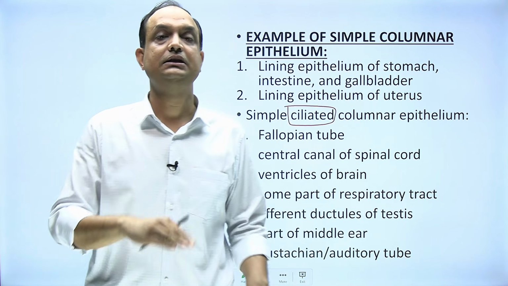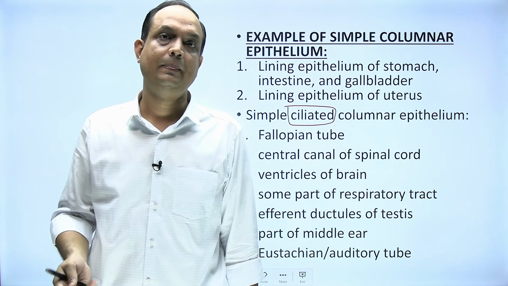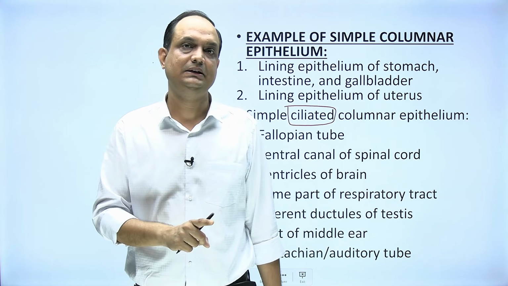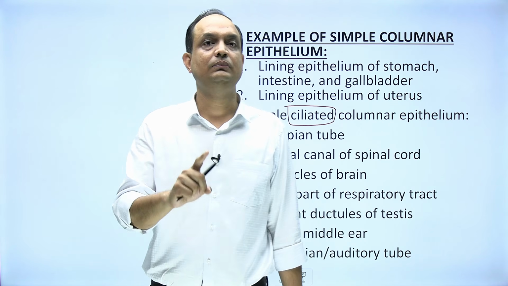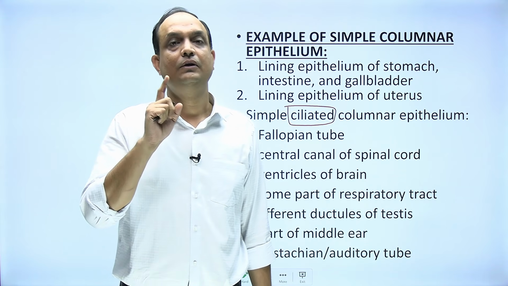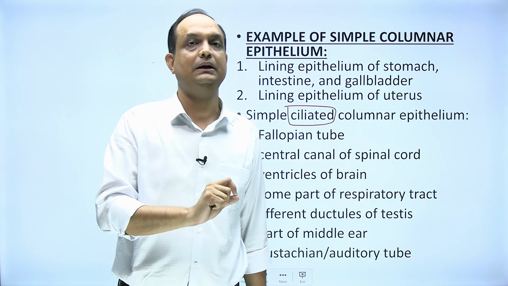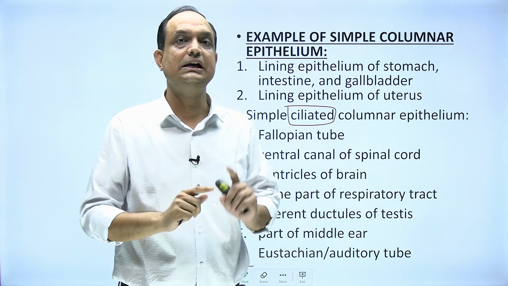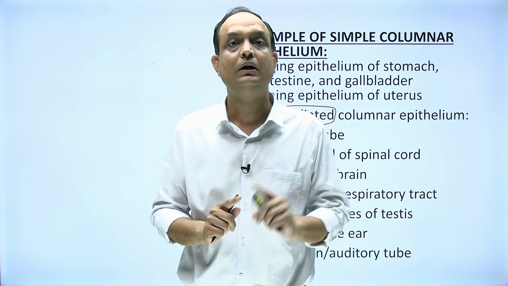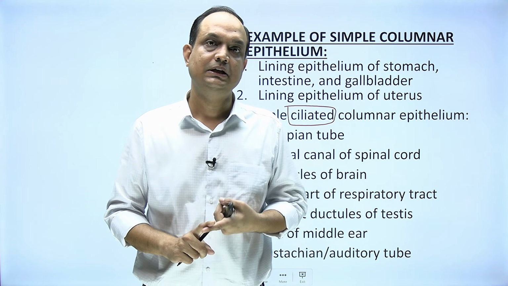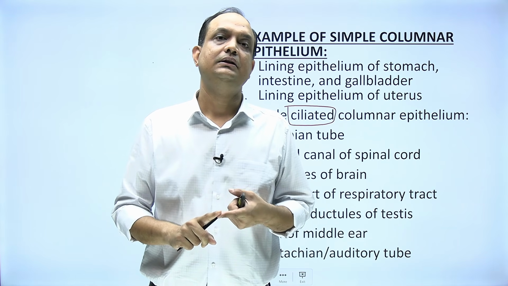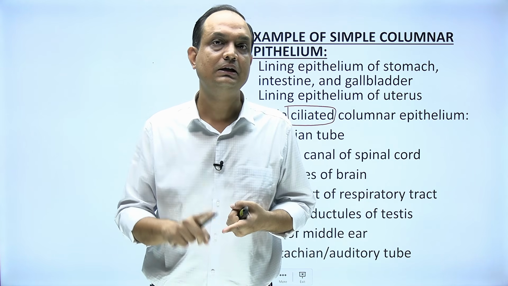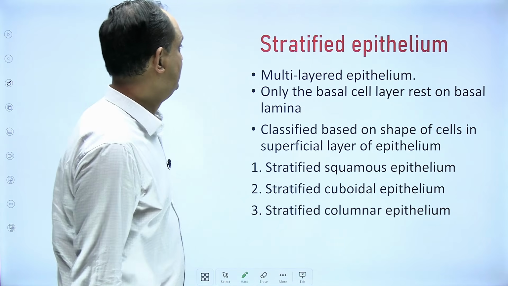There is nothing like ciliated stratified epithelium. Always the cilia and microvilli are the feature of simple epithelium. So ciliated columnar epithelium means we are talking about one layer of the cell, that means simple layer. Clear? So this is a concept that you never use the cilia and microvilli or brush border with stratified epithelium. If you are using the word stratified, there are no surface modification. Simple epithelium always shows the surface modifications.